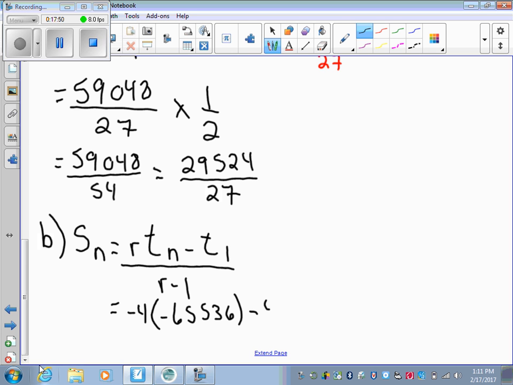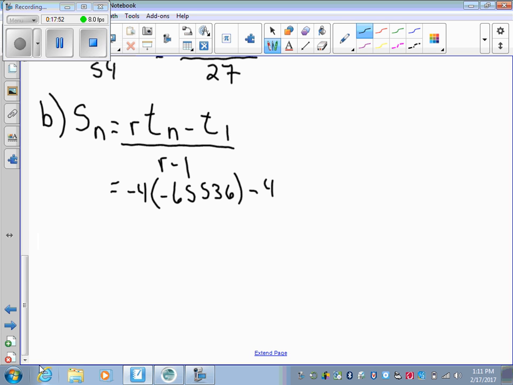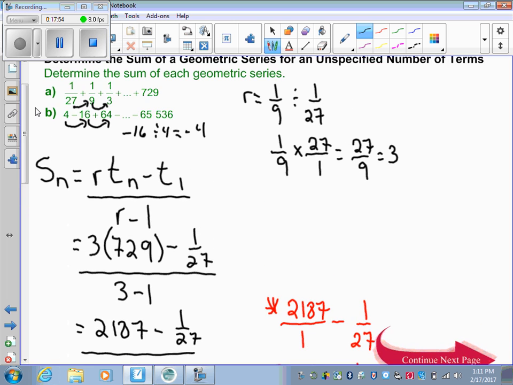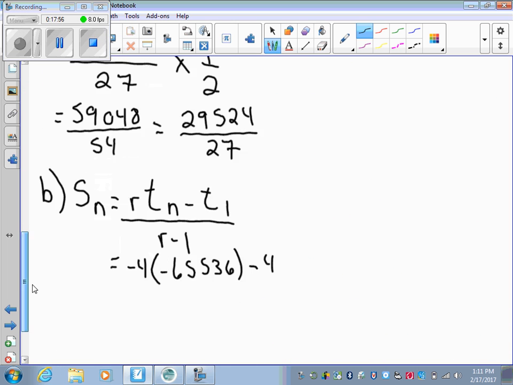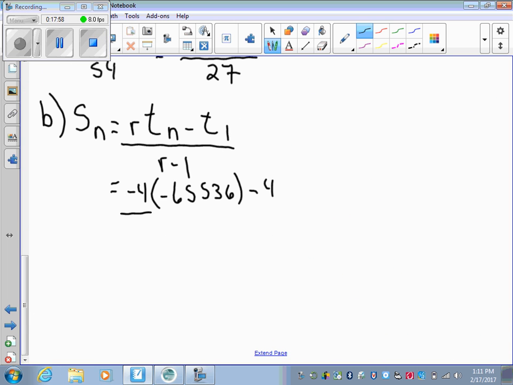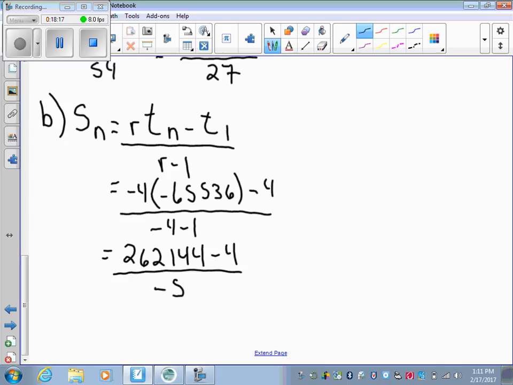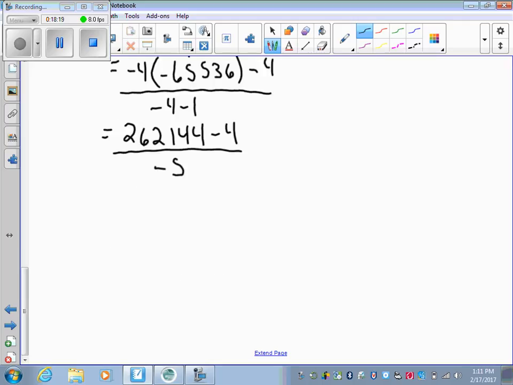Minus 4. Where was our first term? Yes, it's 4. All divided by negative 4 minus 1. Simplify a bit. That will give me 262,144 minus 4 divided by negative 5. Negative 4 and negative 1 makes negative 5.